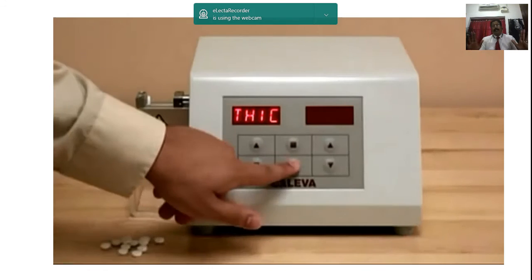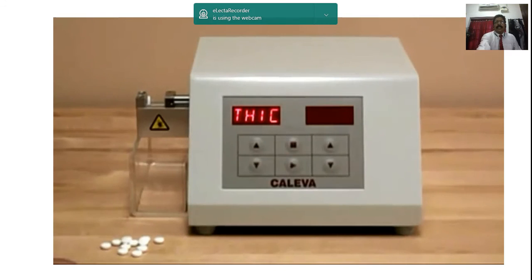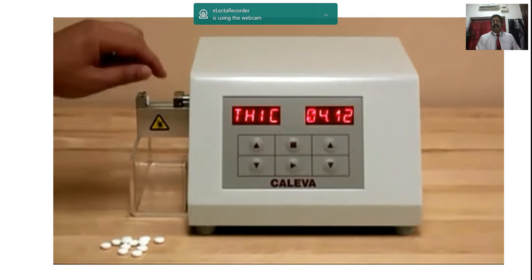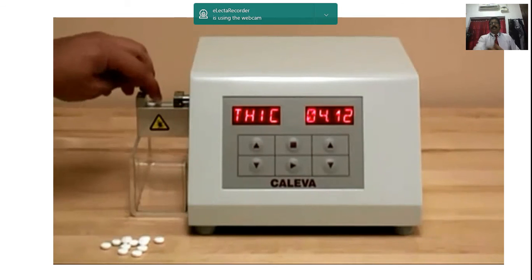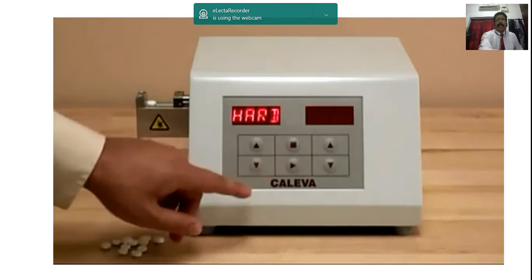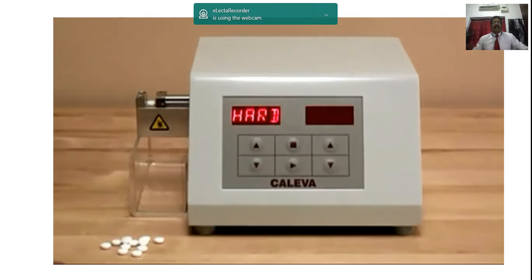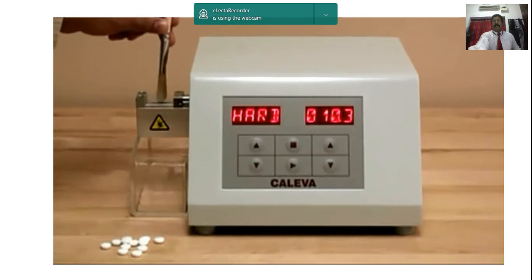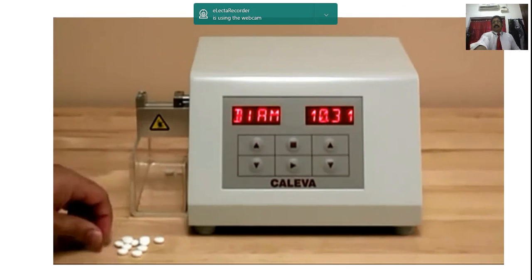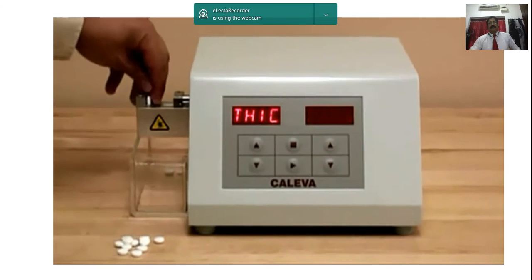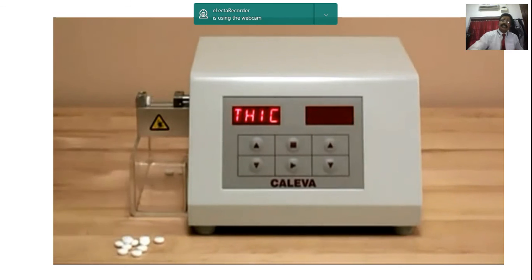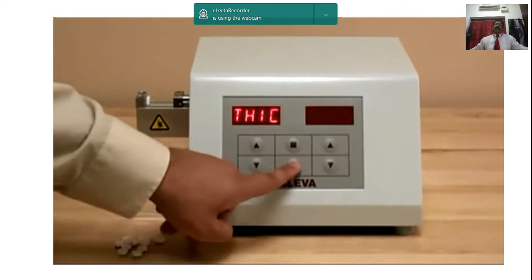You just put the tablet in. It gives the thickness in millimeters very clearly, and keeping the tablet in the radial position, the hardness is measured until it is broken, and it gives 10 kg. And again he checks the thickness for 10 tablets, and it's very easy.